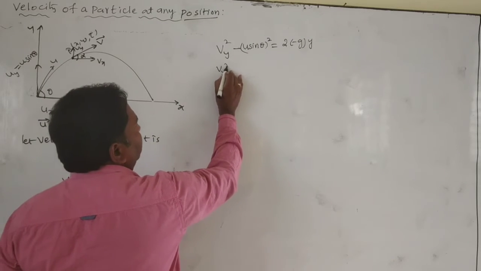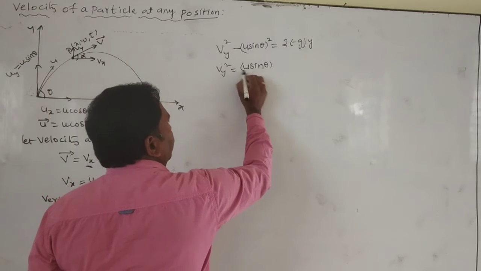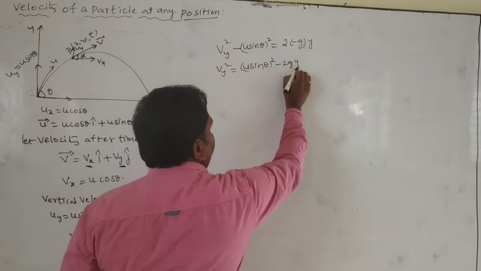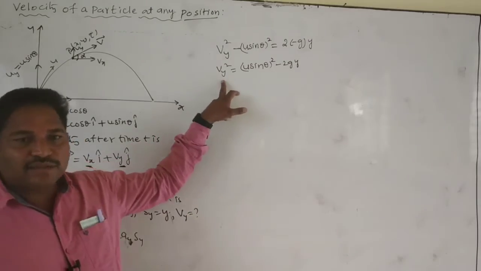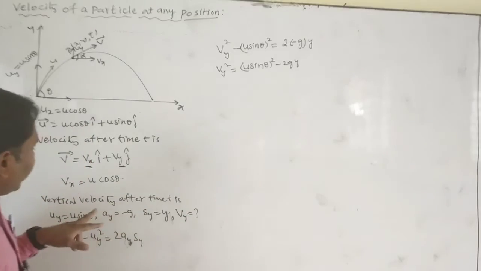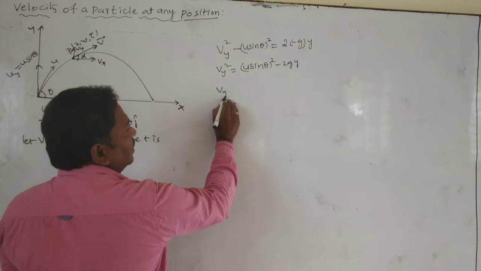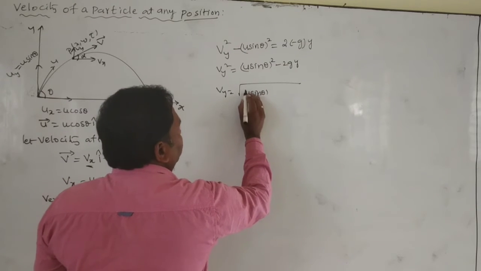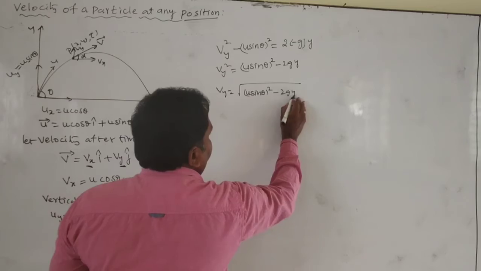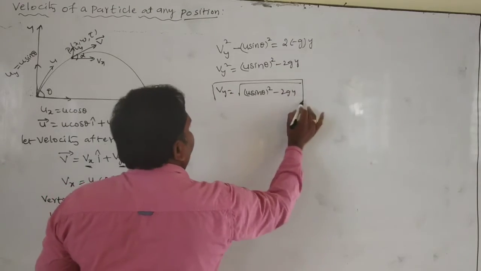So vy square equals (u sin theta) whole square minus 2gy. But we only need to find vy, so vy equals root over (u sin theta) whole square minus 2gy. So now we got vy.